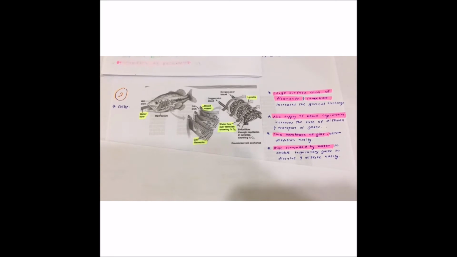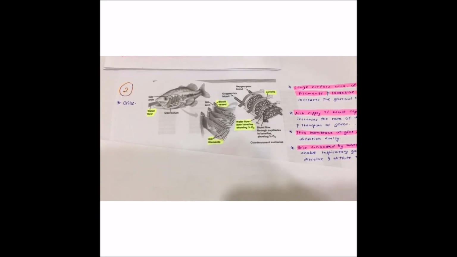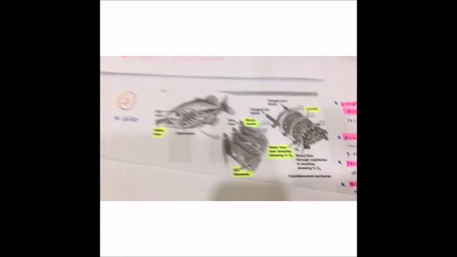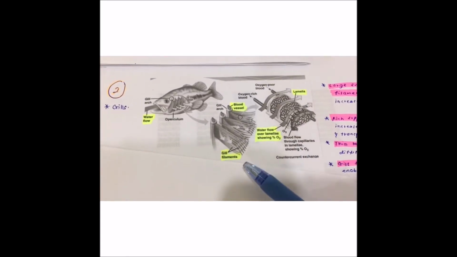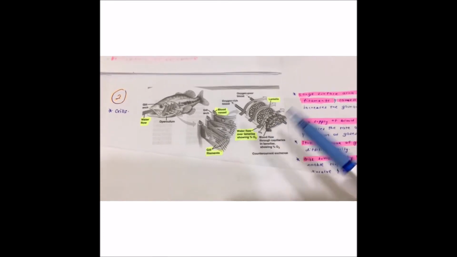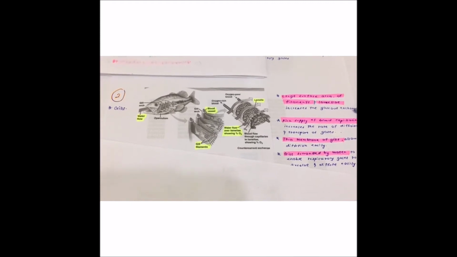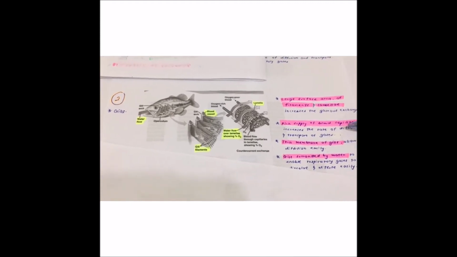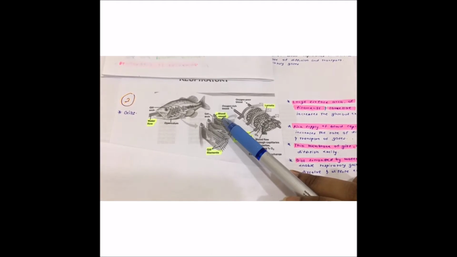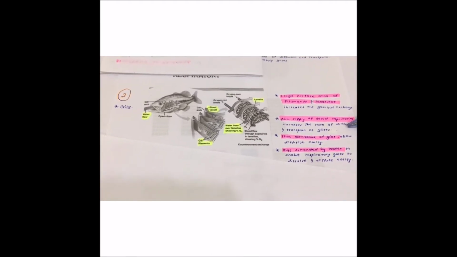Next, gills are the respiratory structures of fish. So gills have filaments and lamella. These filaments and lamella provide a large surface area which increases the gases exchange. They also have rich blood capillaries and blood supply which increases the rate of diffusion and transport of gases.